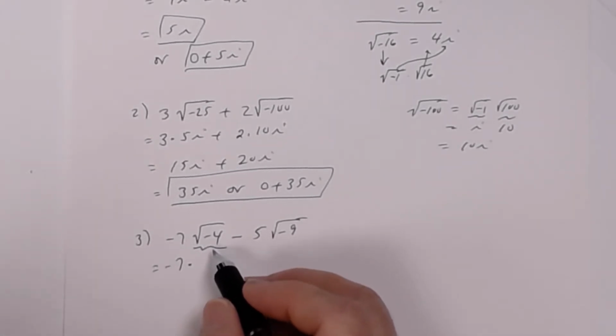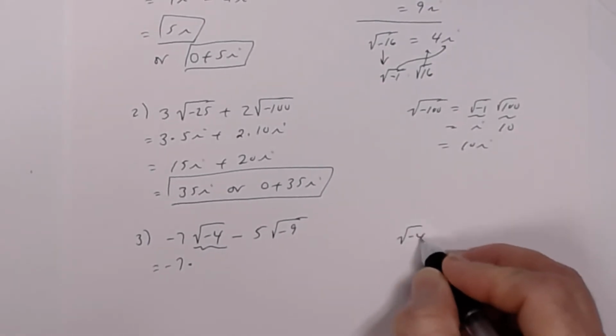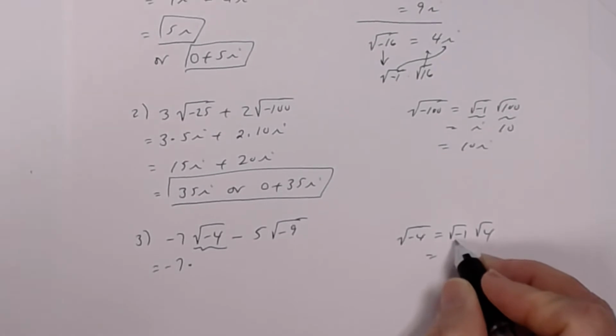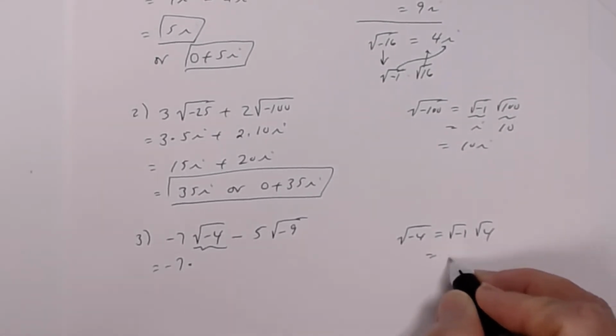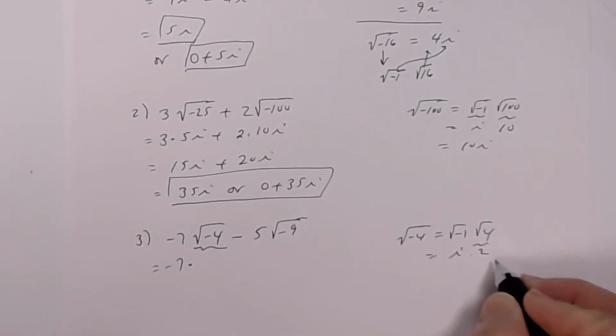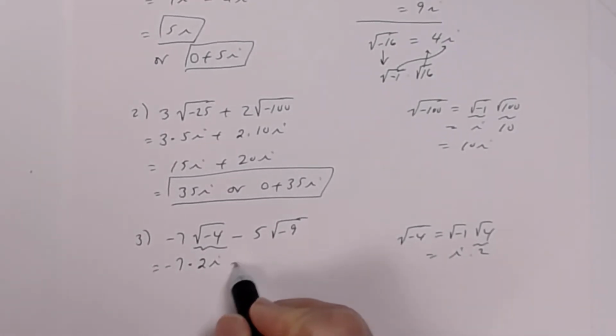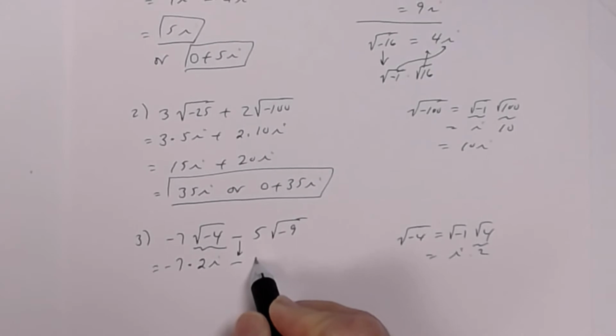This is the square root of negative 4. And so remember, the square root of a negative 4 is the square root of a negative 1 times the square root of 4. And by definition, the square root of a negative 1 is i, and the square root of 4 is 2, so this becomes 2i. You're subtracting, so write this down, subtracting 5 times, and then what's the square root of a negative 9?